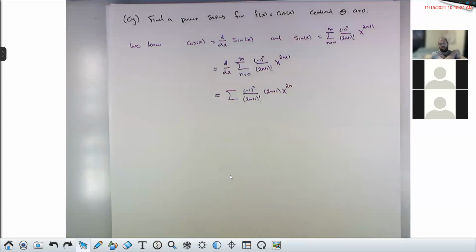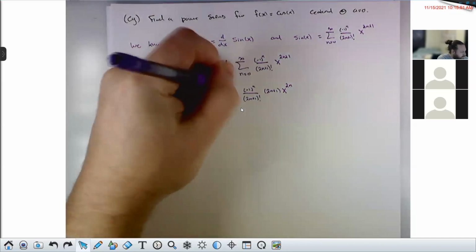There is something else that we need to be careful about when we differentiate power series. What is that? You notice I left some stuff off here. We gain a term. Something like that can happen. So when we differentiate a power series, it's possible that the starting index bumps by 1, right? This could go from n equals 0 to n equals 1 here. And the question is, does it?